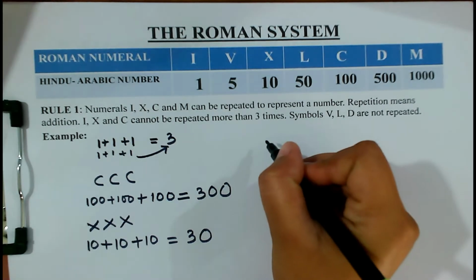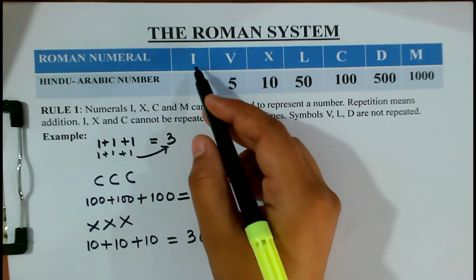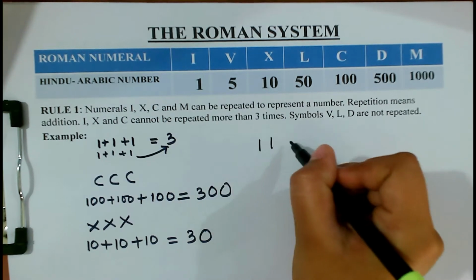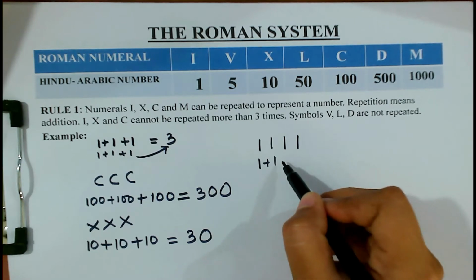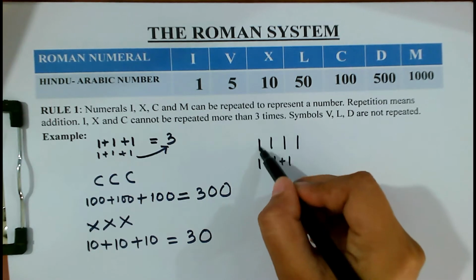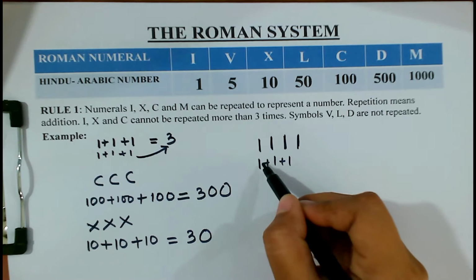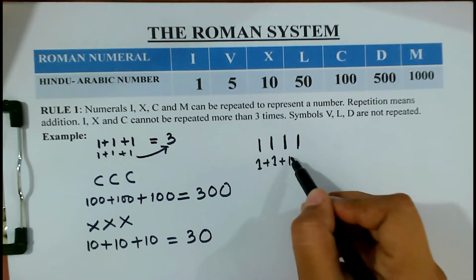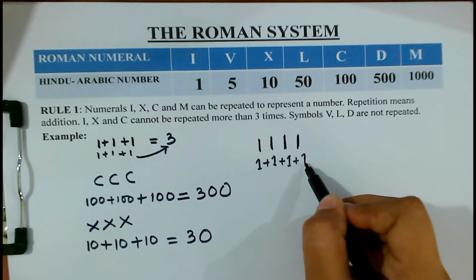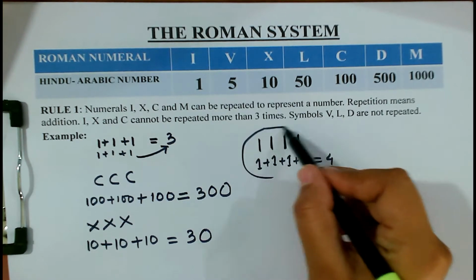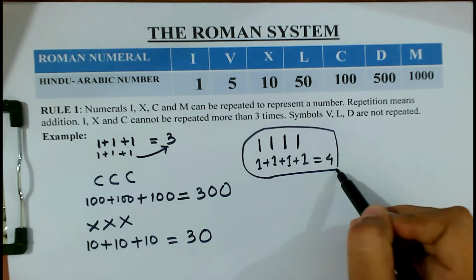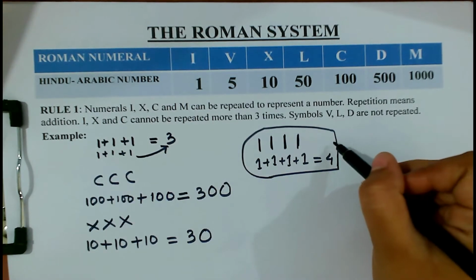Let's try repeating the letter I 4 times. 1 plus 1 plus 1 plus 1 gives us 4, but this is not the correct way to write the Roman numerals. This is wrong.